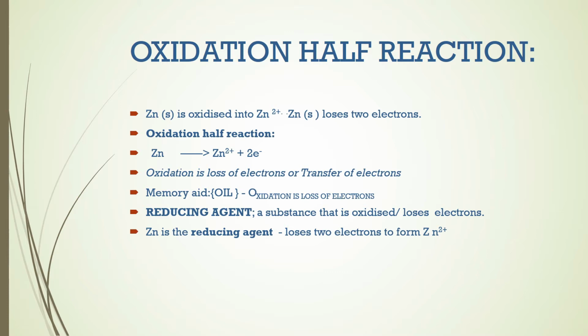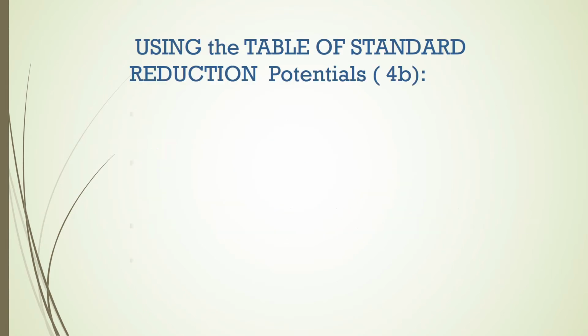The memory aid you can say is OIL: oxidation is loss of electrons. A reducing agent is a substance that is oxidized or loses electrons. Zinc is the reducing agent, loses 2 electrons to form zinc 2 plus.